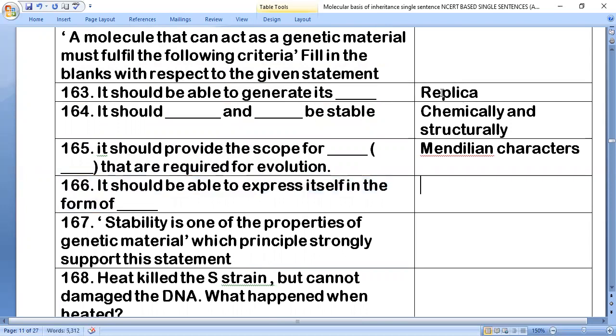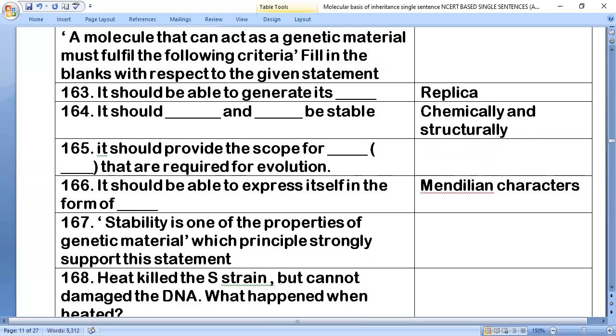It should provide scope for slow changes, that is nothing but mutations.